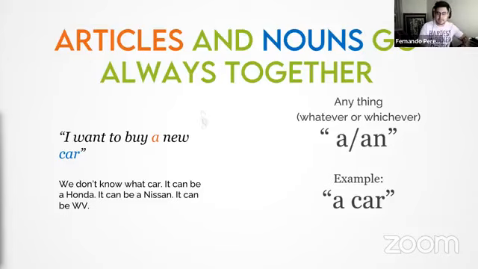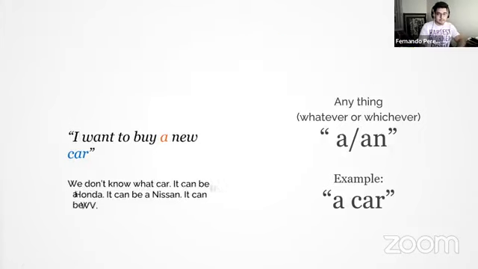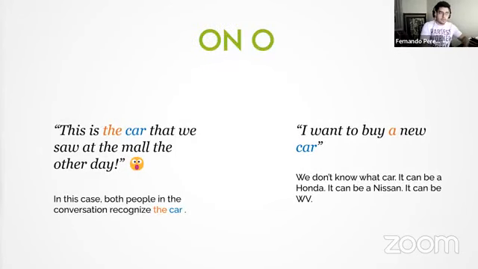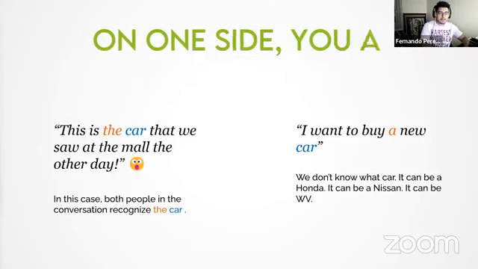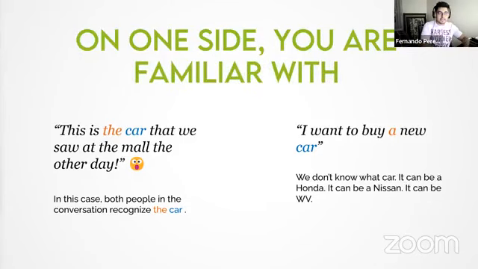So the difference between a versus the is how specific or how familiar you are with the object. You need to understand that on one side you are familiar with the object, but on the other side you are not. Contrast. On one side, you are familiar with the object.